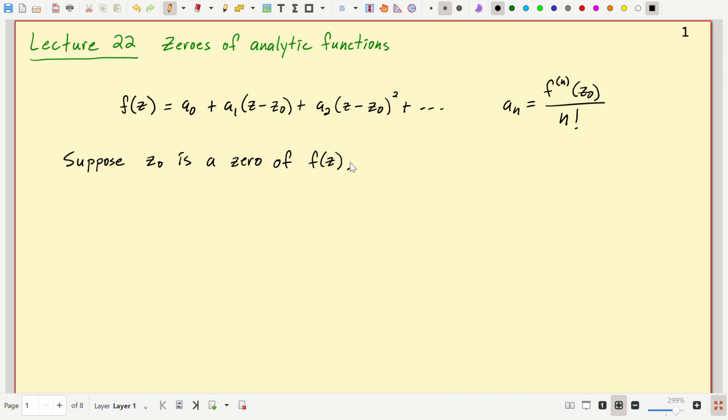So let's suppose I've got an analytic function, which I know if it's analytic near z0, I can expand it in a power series. And let's suppose z0 is a zero of the function. So that means that f of z0 is equal to 0. And that's the a0 in the power series.